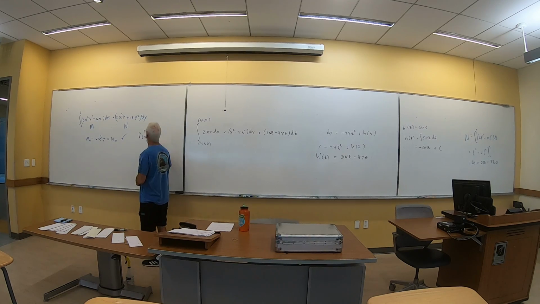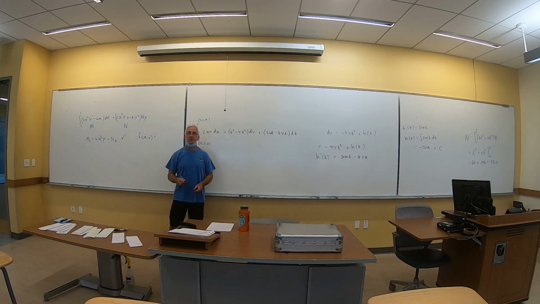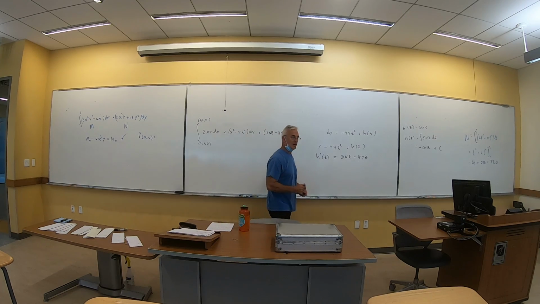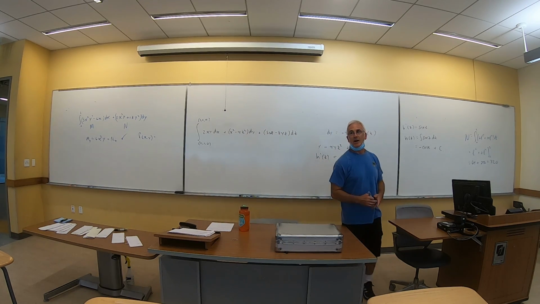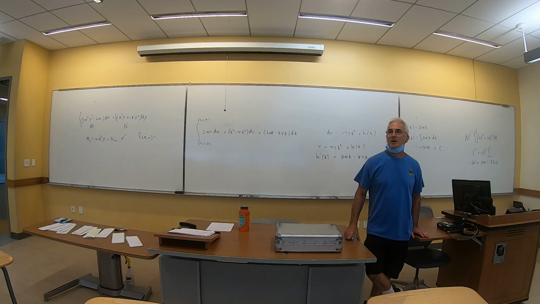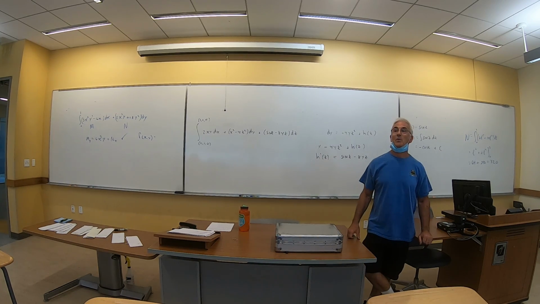There is an interesting question that you're going to deal with in Math 255. Let's suppose this was not conservative. What if I told you there's a really good chance that if you multiplied both components of your vector by the right thing, it would make it conservative?